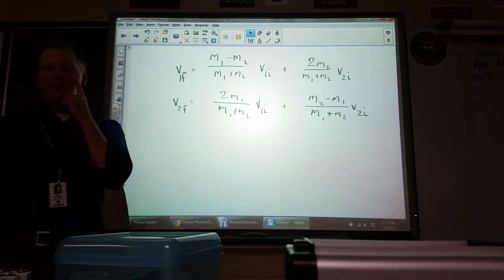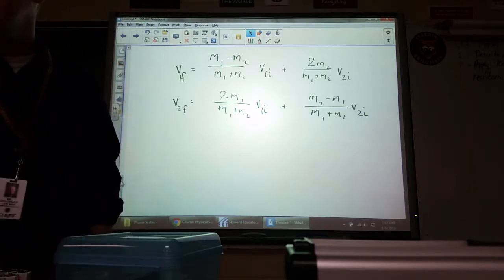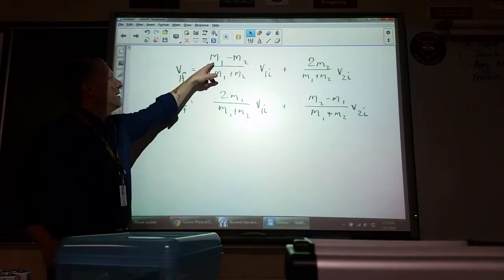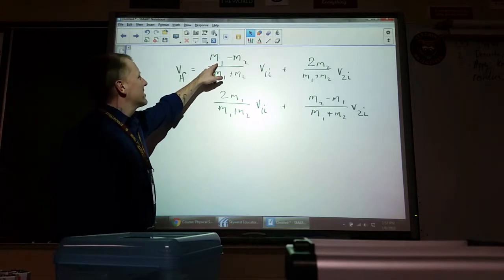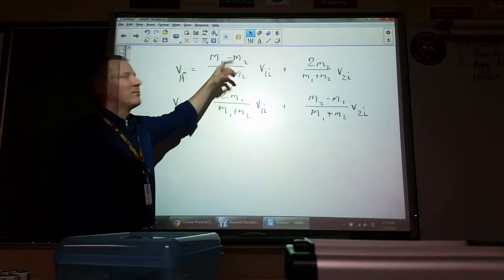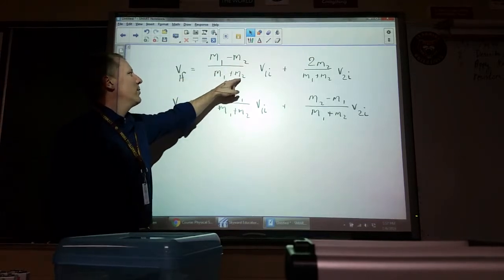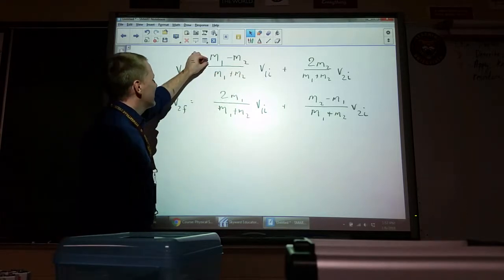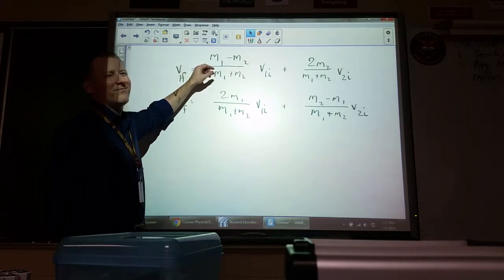Okay, what do we expect for these? What do we expect for the final velocity of our heavy, massive cart? Let's look through it. If M1 is much, much bigger than M2, what's something really big minus something really small in comparison? Something that's really big. And then that's over something really big plus something really small, just slightly more. So we have something slightly less than M1 divided by something slightly more than M1.